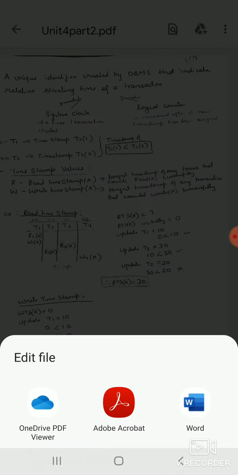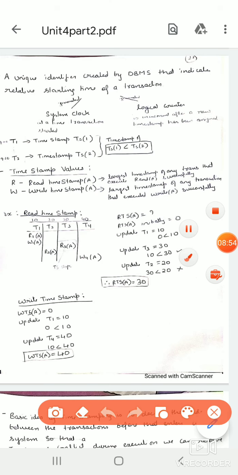Similarly in write timestamp, initially the write timestamp will be assigned value 0. Where is the first write here? First write we see is at T1, W1 of A, which again has value 10. So update transaction T1, which has 10 value.